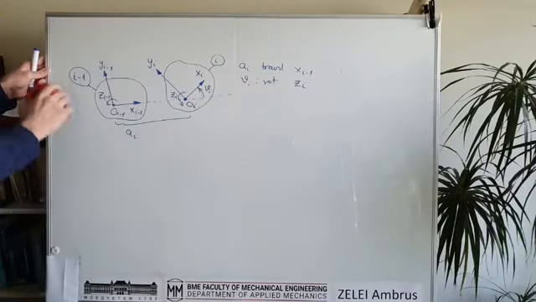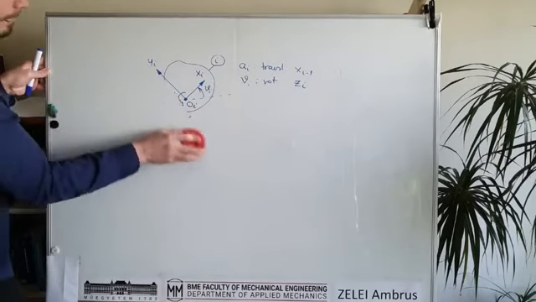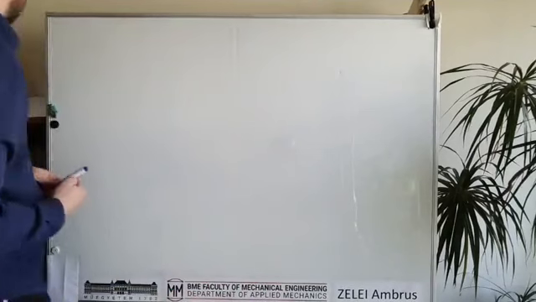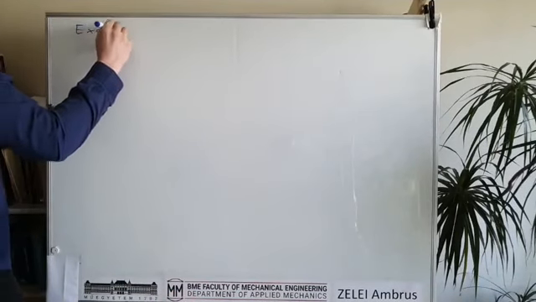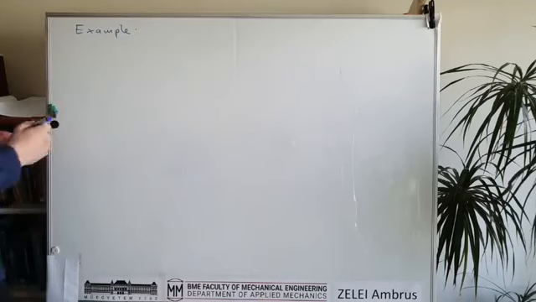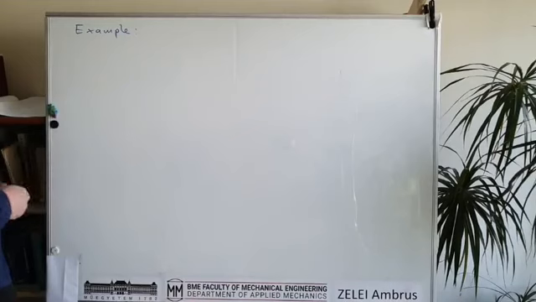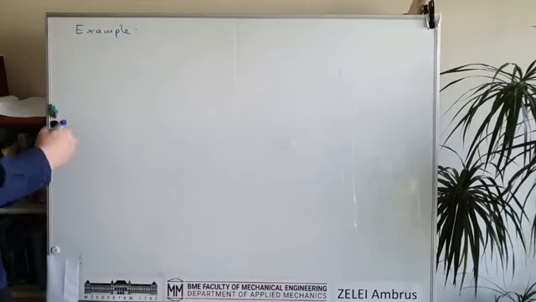So we will use this notation in the example. And now we are still working with the kinematics. So this is still the forward iteration when we would like to describe the kinematics, and later the forces will come into the picture.